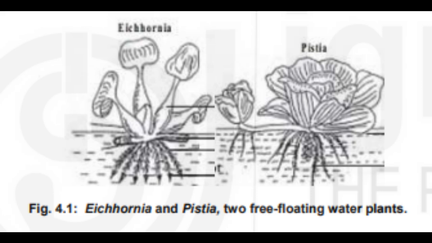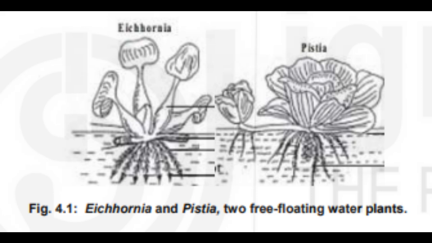The anatomy of leaf and stem shows the presence of reduced assimilatory tissues. The plants can be rhizomatous or of the cormous type. The reproductive organs are aerial and floating. Example: Salvinia, Eichhornia crassipes, Pistia, Trapa, Lemna, Wolffia, Fig. 4.1.